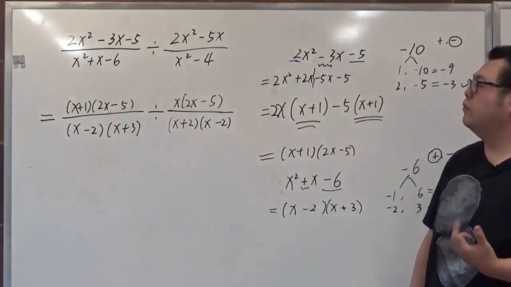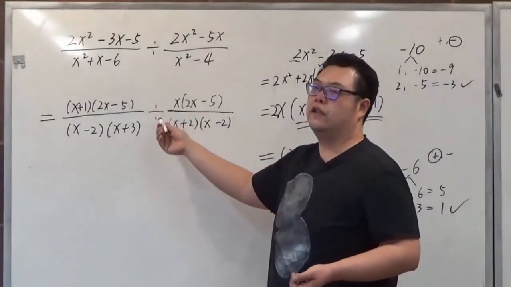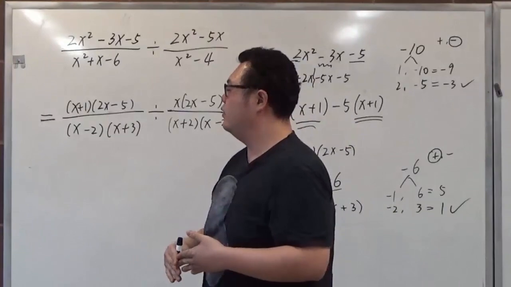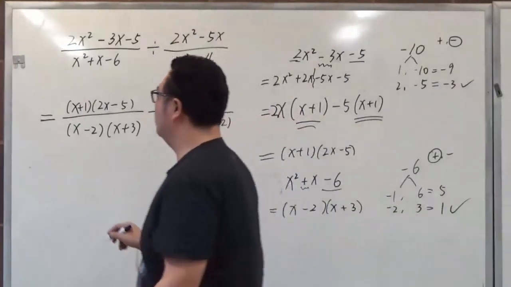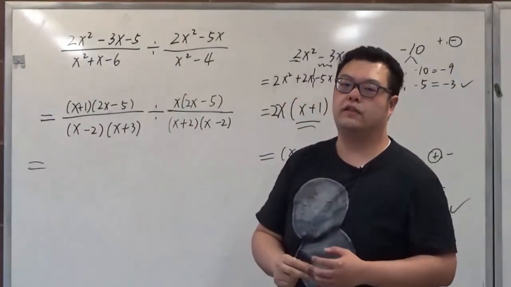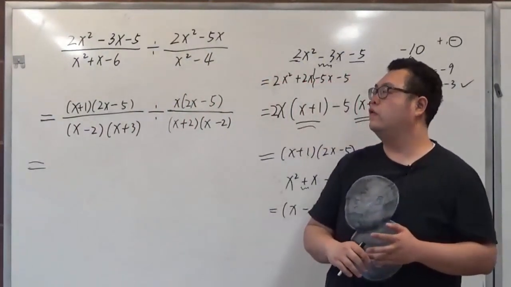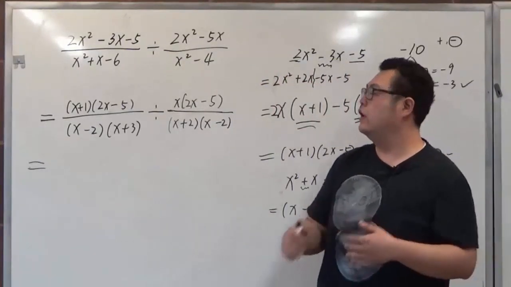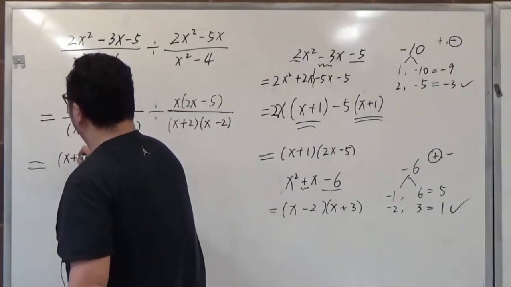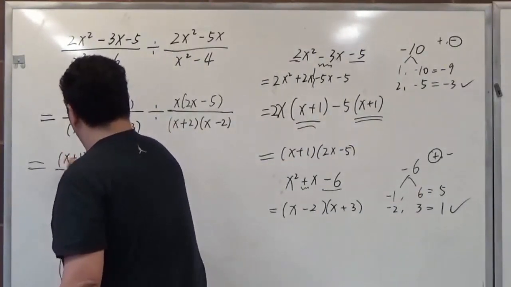Before we can cancel everything out, we have the division of the rational expressions. One last thing before the end: we need to make it a product, so that we can reduce the fraction as we know how to do. This is called KCF.